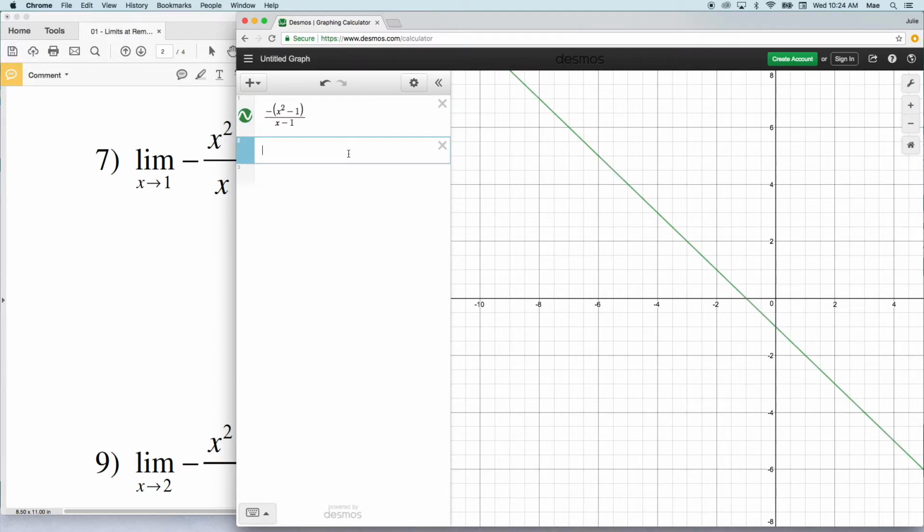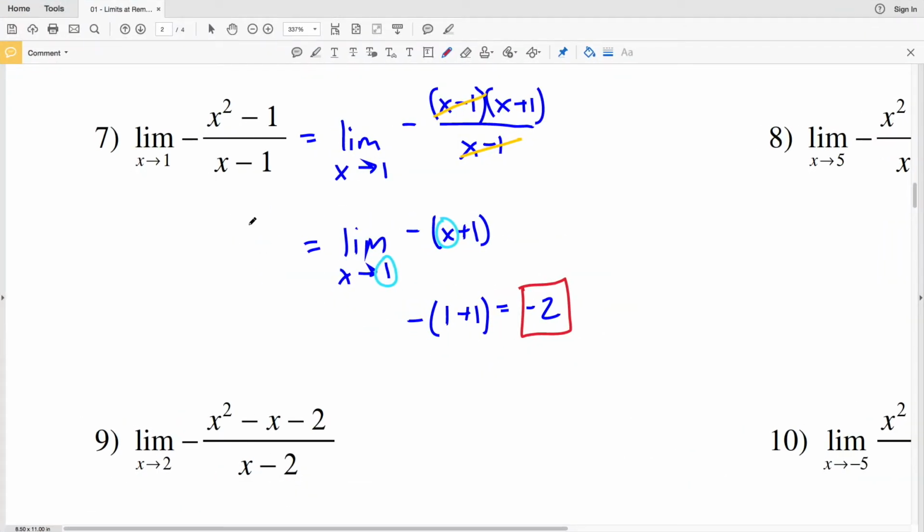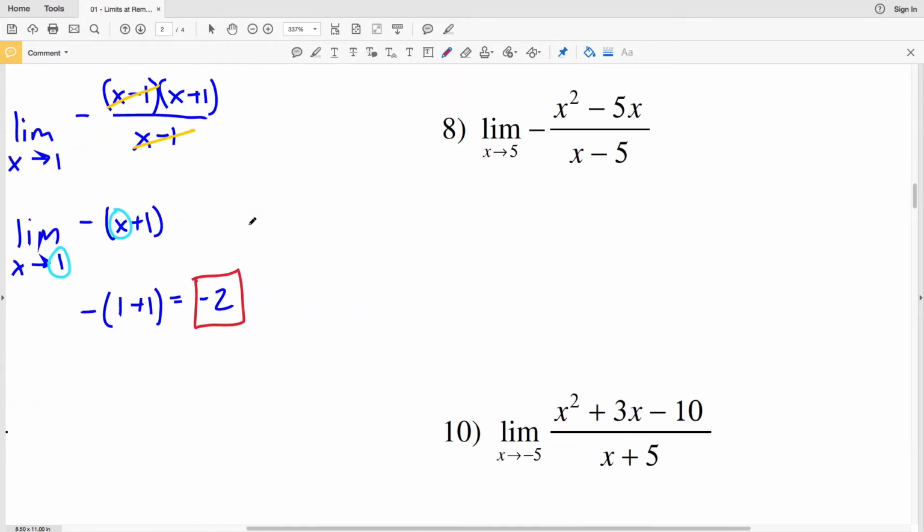But if we type in the opposite of x plus 1, you can see that it falls on that same line. The lines are essentially interchangeable, except now when looking at the orange line at x equals 1, we're at negative 2 in the y. So those functions are equivalent for all values with the exclusion of 1. So for all values where x does not equal 1. So now that we've gone over that, let's continue on to number 8.